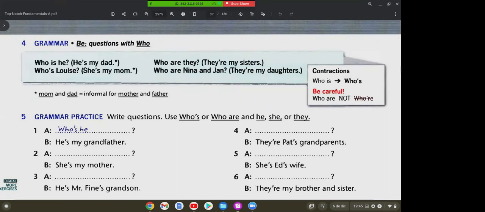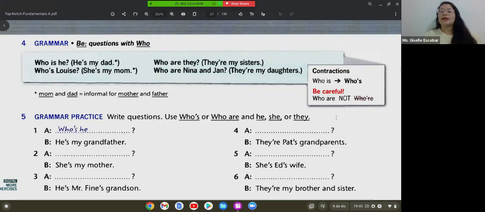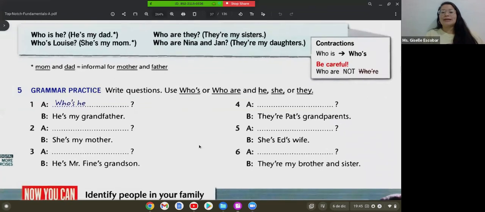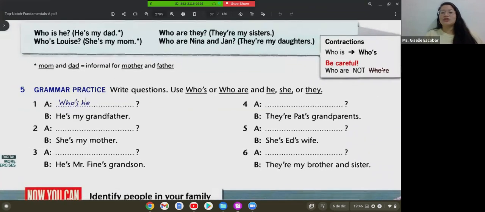No, teacher. Okay, so we are going to continue with the grammar practice. For this grammar practice, we have 6 questions. And it says, write questions. Use who's or who are, and he, she, or they.